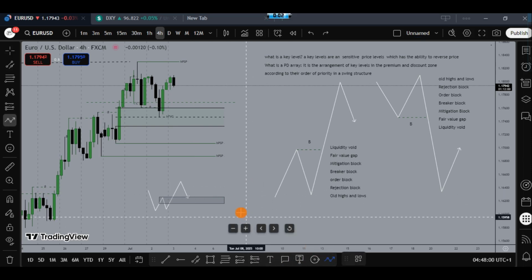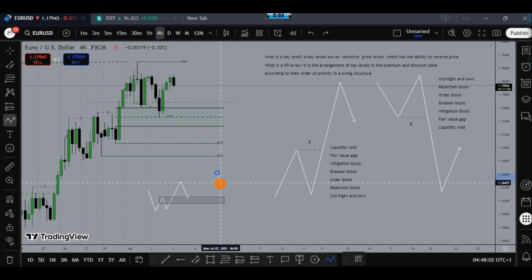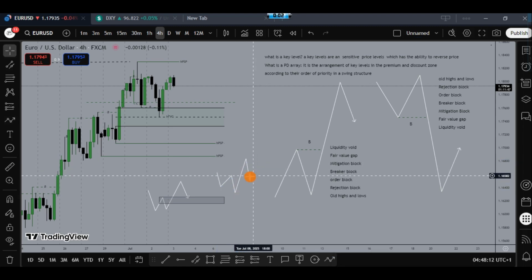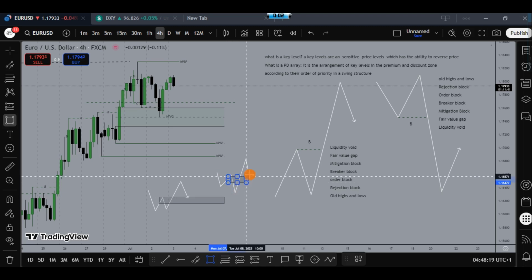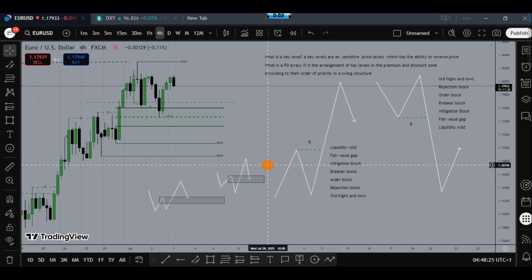Then a breaker block is when price wants to shift market structure and first of all takes out a low before shifting market structure. Then the block here, the last candle here, don't worry, I'll show you on the chart.